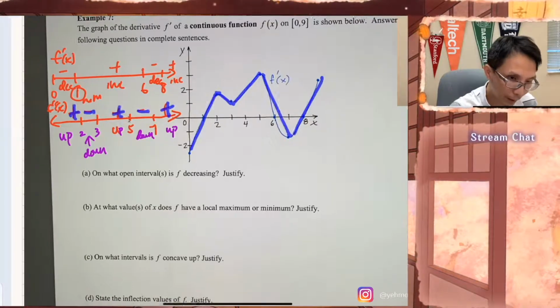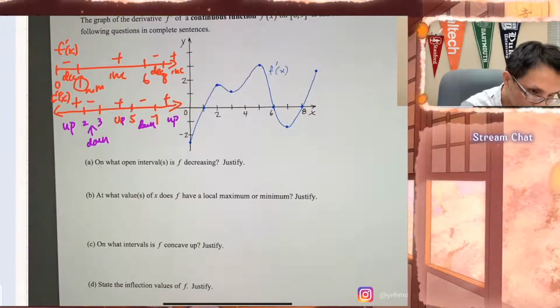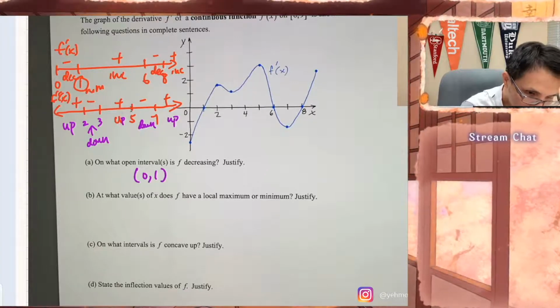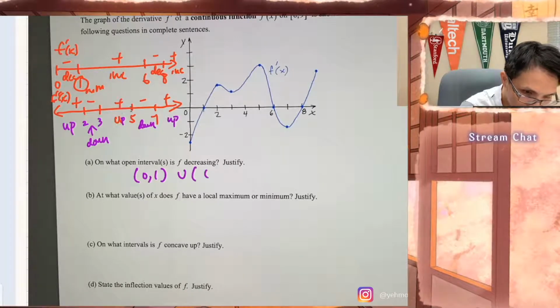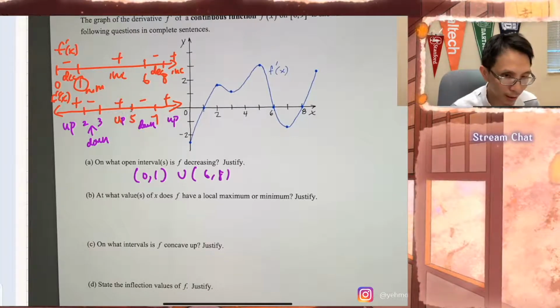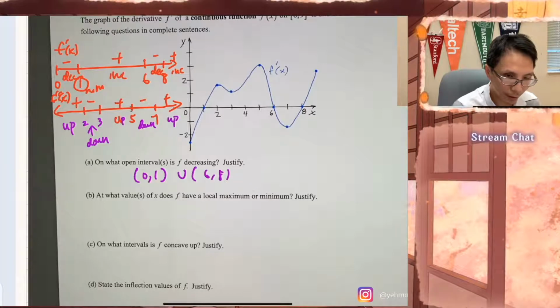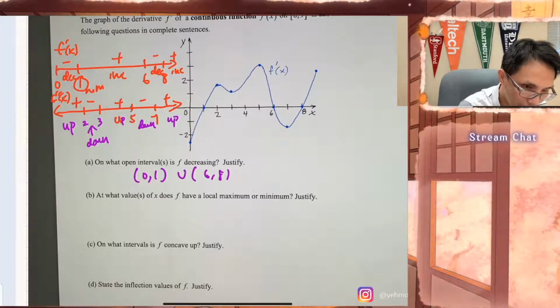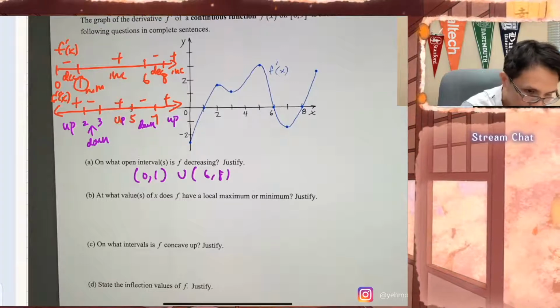No. Okay. So this part is easy. Decreasing is going to be between 0 to 1 according to the number line, and the union 6 to 8. We got this. Local maximum: is any local maximum here? Yes.